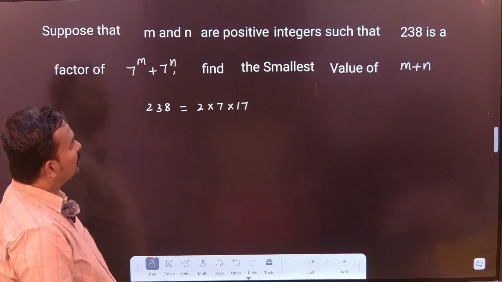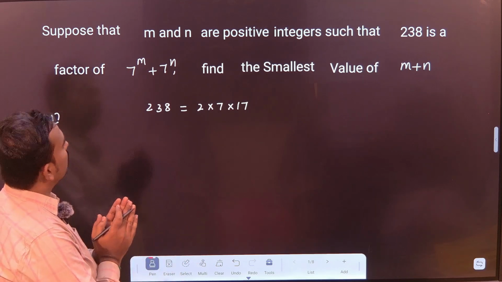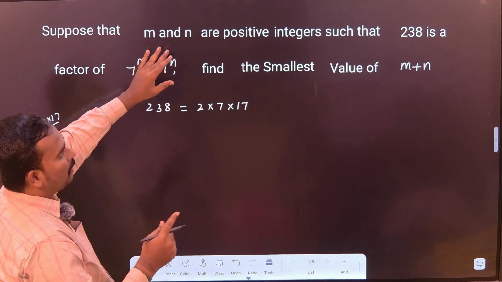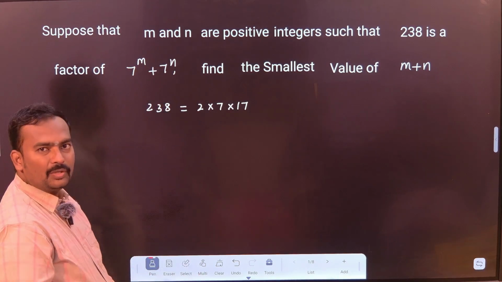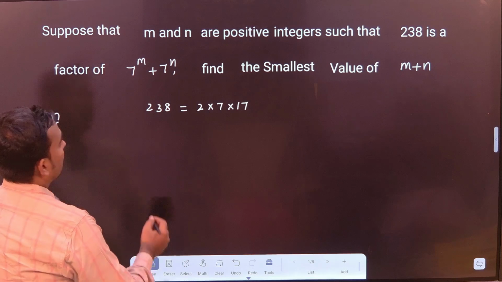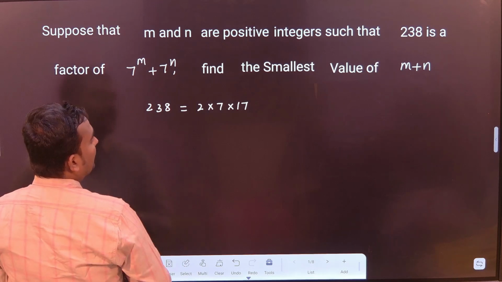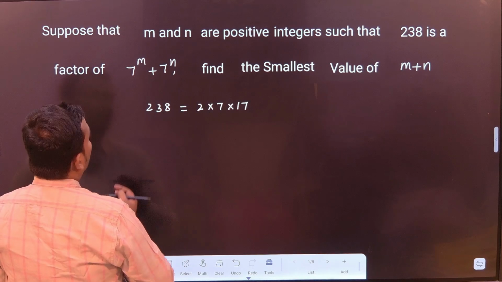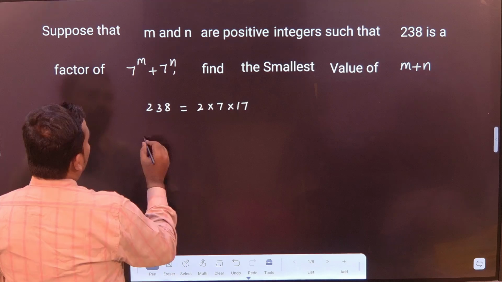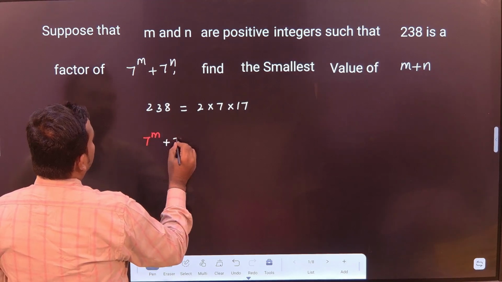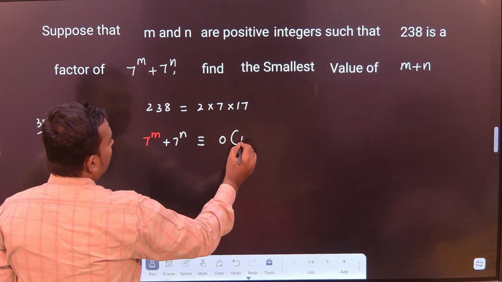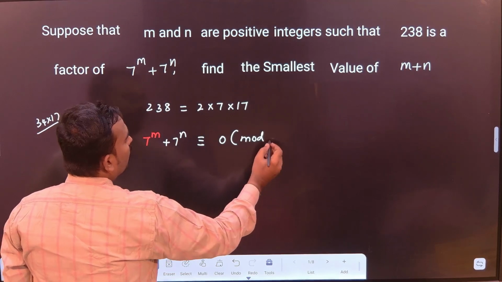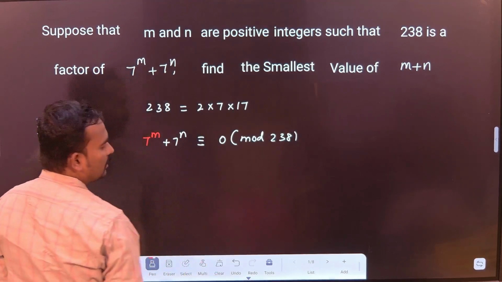So what is the actual question? m and n are positive integers, and 238 is a factor. You can use the congruence idea here. 238 is a factor of 7 power m plus 7 power n, which means the remainder will be 0 modulo 238.